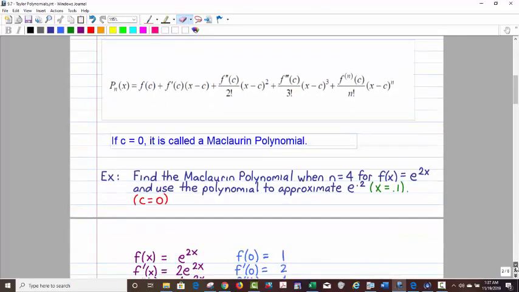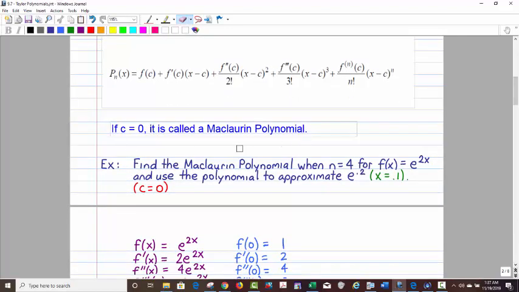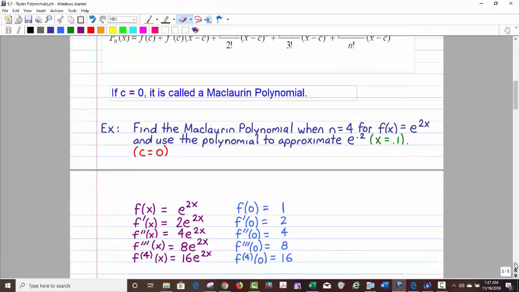And then once again, I'm mentioning the Maclaurin polynomial. We're going to find a Maclaurin polynomial when n equals 4, a 4th degree one, and use it to approximate what e to the 0.2 would be. If we're doing e to the 2x, that means x would be 0.1. So the idea is that we create this polynomial and we plug in 0.1.